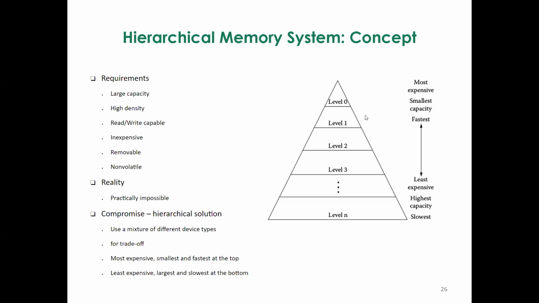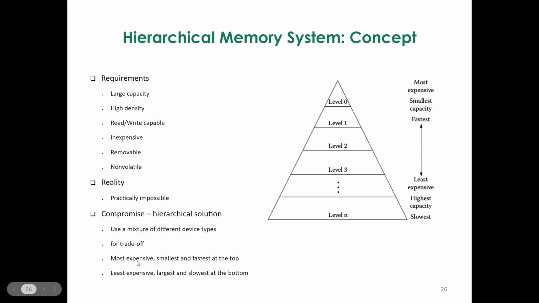Then below it you have your cache. Below it you have your main memory. Below it you have your secondary storage memory. Okay, so we use a mixture of different device types for trade-off.